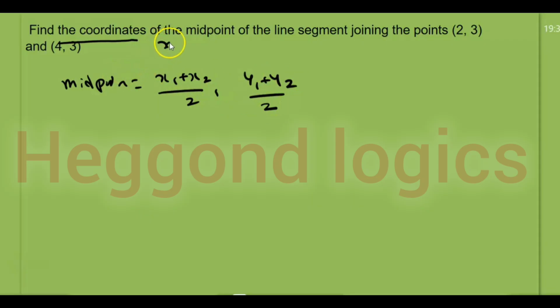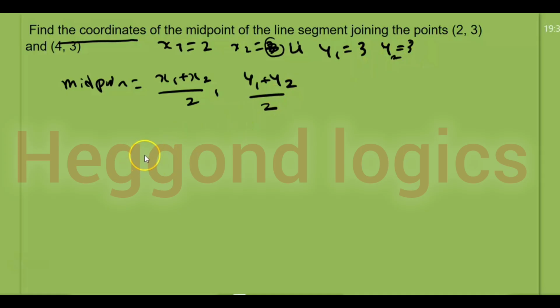Here x1 is equal to 2 and x2 is, sorry, x2 is 4, and y1 is 3, y2 also 3.